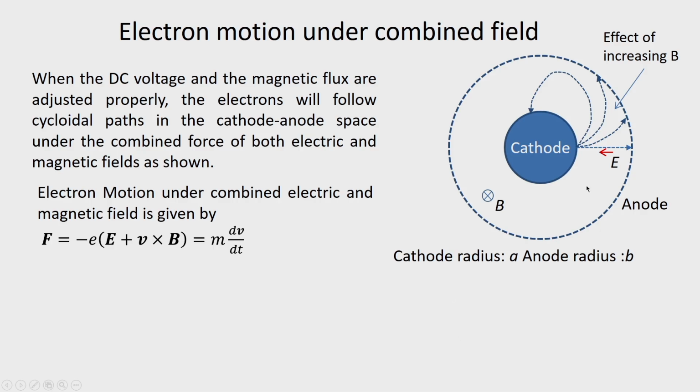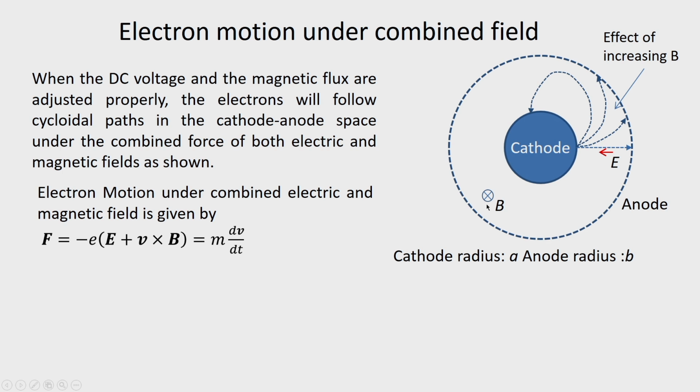So, when no magnetic field is there, since the anode is at higher potential, we have the electric field E. So, the electrons will be emitted by the cathode, will be accelerated by the anode, and will move towards the anode.